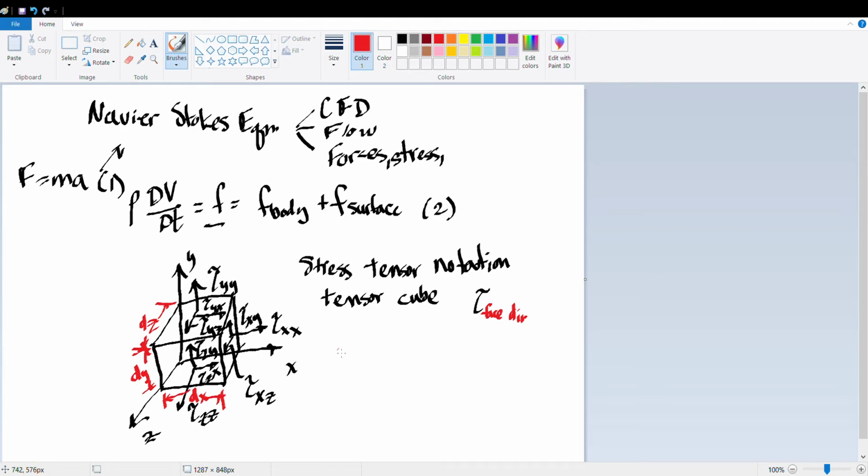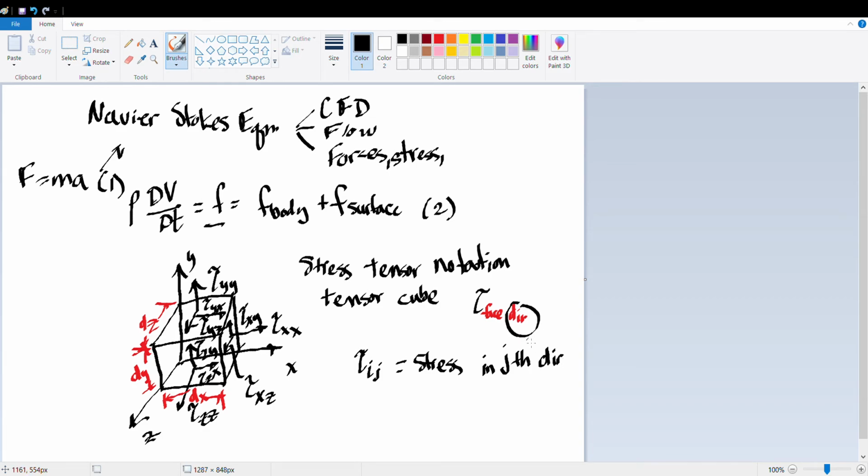For tensor notation, we'll say tau ij, which equals the stress in the jth direction, normal to the ith axis.